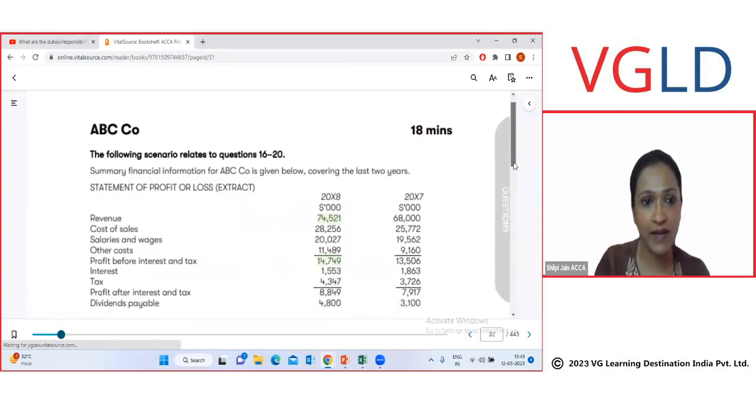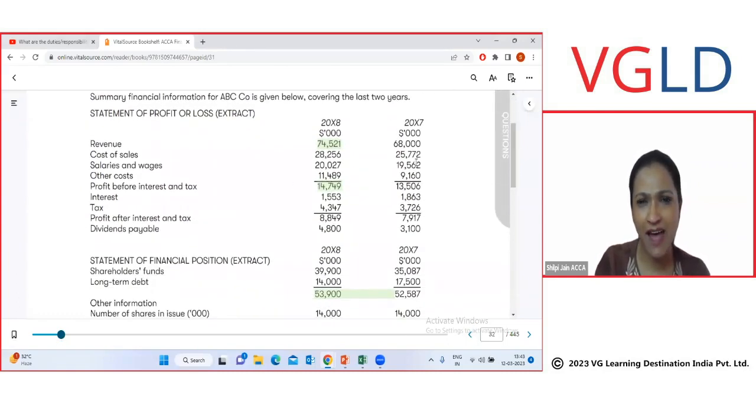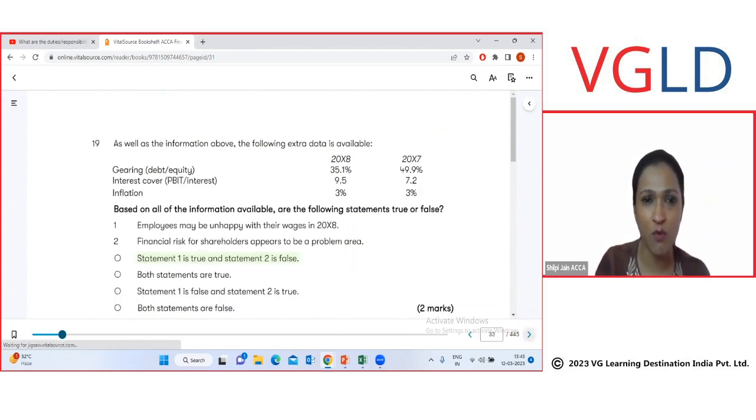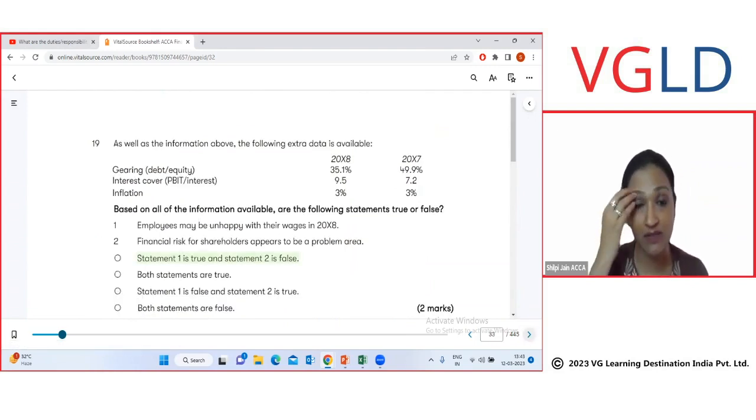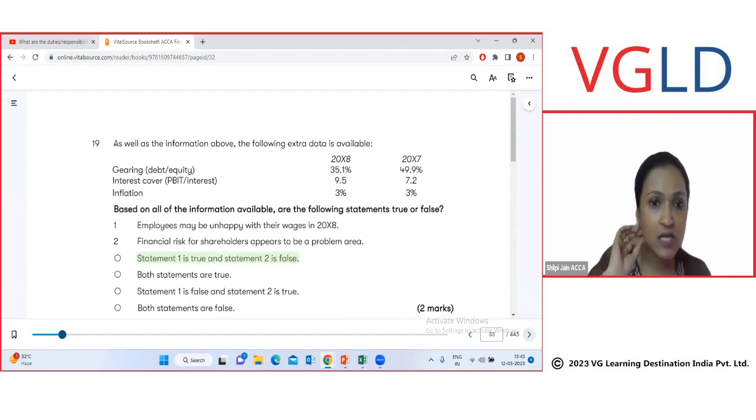If I look at it, wages have very, very marginally increased, even though there is a good increase in the amount of profits that the company is making, isn't it? So yes, I would agree with the statement that the employees would not be very happy with their wages in 2008.